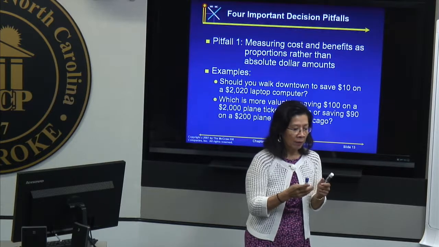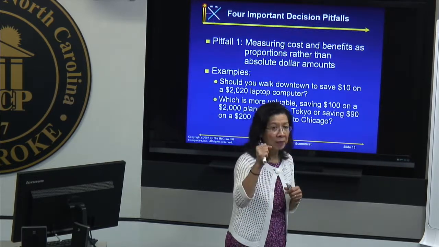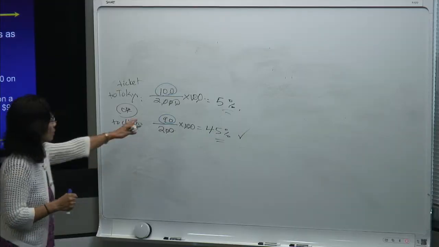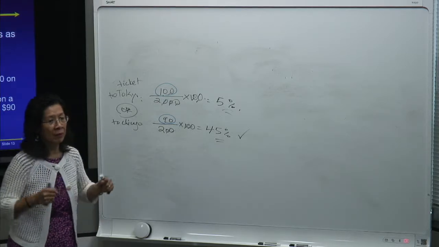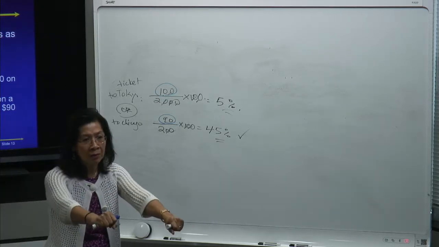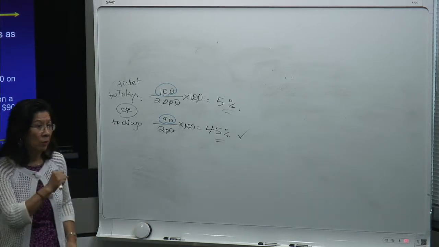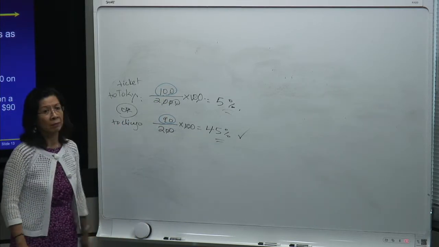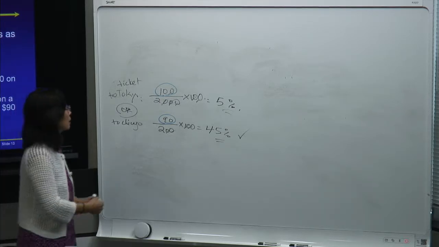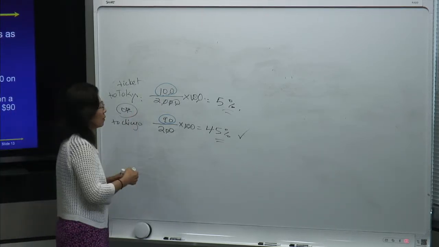If I have a $100 bill in my right hand and $90 in my left hand, and I ask you to choose, and you know exactly what's in each hand, you will pick the one that's $100. Yes, you will, because $100 is greater than $90.